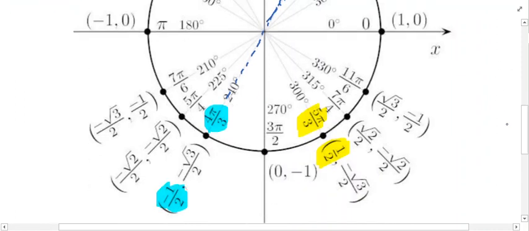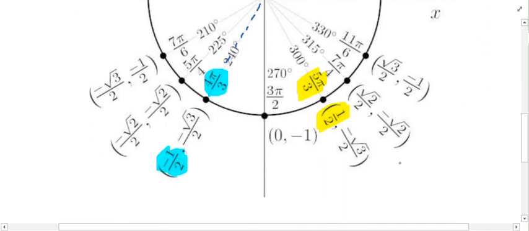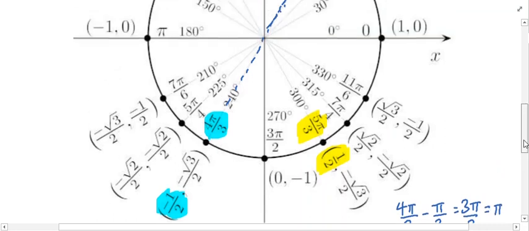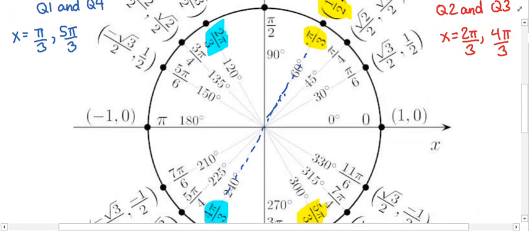And actually, if you subtract them, you're going to get 3 pi over 3, which is just pi. Okay, so what happens here is if you take pi over 3 and add pi to it, you're going to get 4 pi over 3. And then if you add pi again, you're going to end up at an angle coterminal with pi over 3. Okay, you're going to end up at 7 pi over 3.